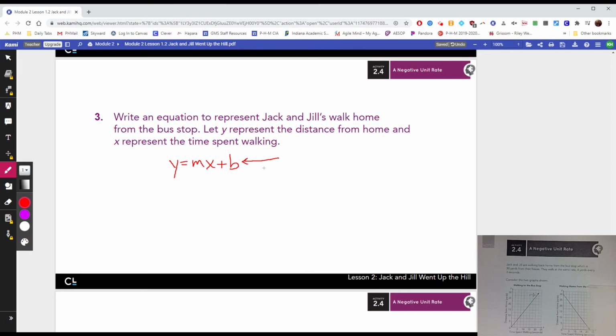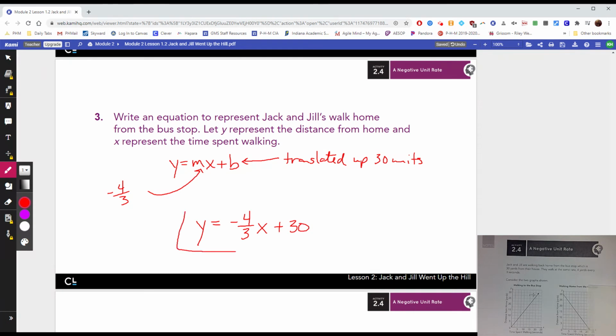So in this case, we're not at the origin, it's translated up 30 units. And we know that the slope for m is negative 4/3. So our equation is going to be y equals negative 4/3 x plus 30. So here's our equation that represents Jack and Jill's walk home from the bus stop.